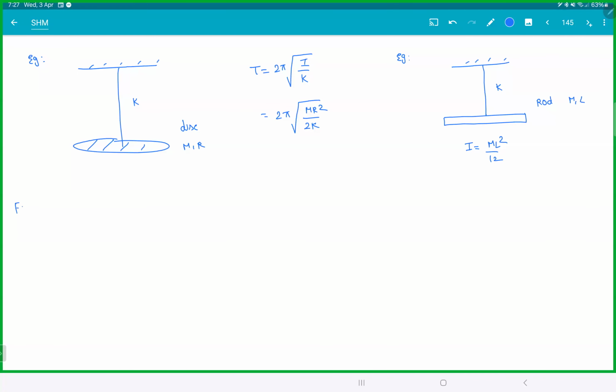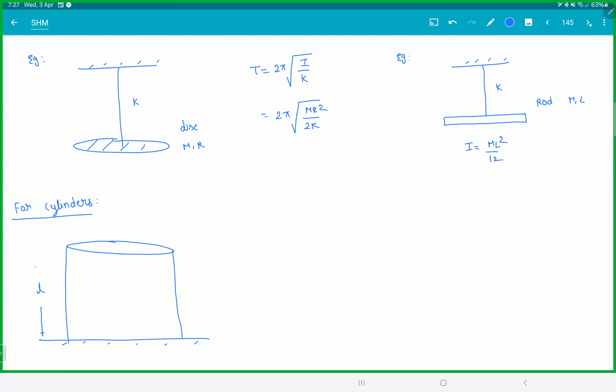Now regarding that k value, the cylinders of length L, radius R, fixed at the bottom.